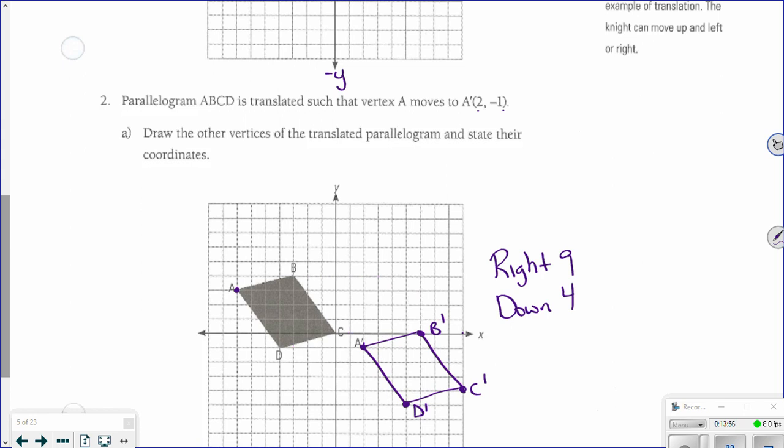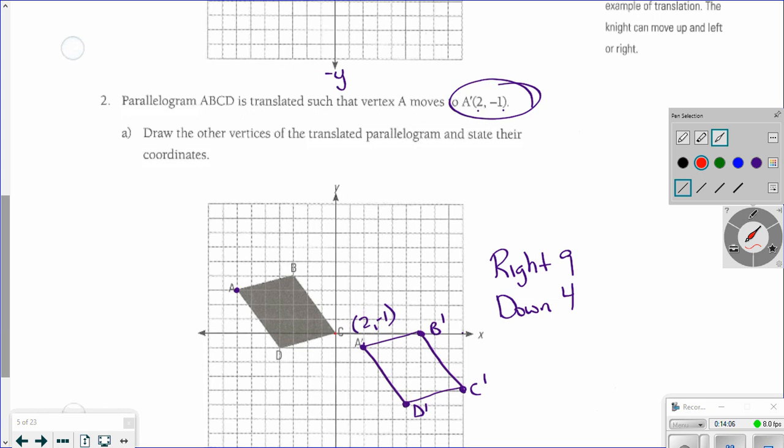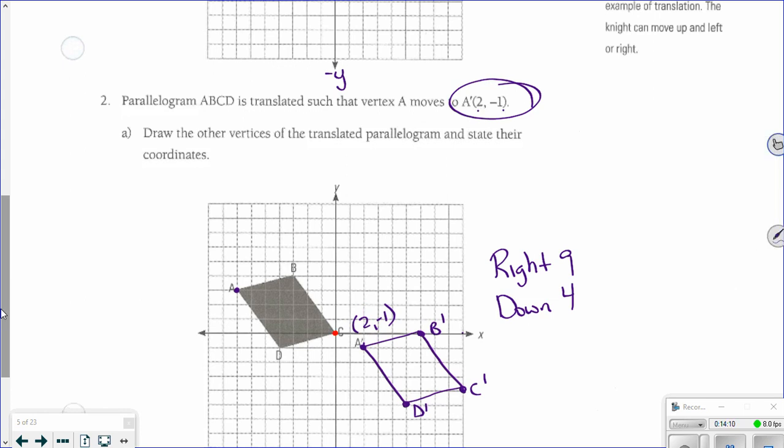So now it wants the coordinates. We already know A prime because that was in the question. So this is 2, negative 1. Again, we're always starting at that center origin to count our coordinates. So to get to B, we go right 1, 2, 3, 4, 5, 6. We don't go up or down off the axis, so it's 6 and 0.